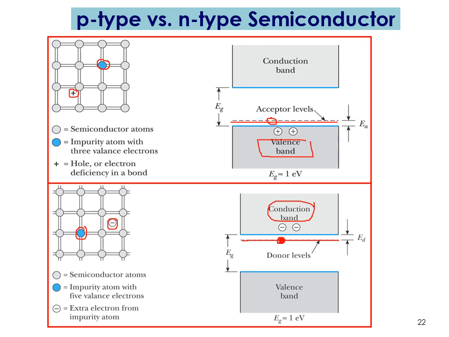So for P-type, the electron from the valence band will be excited to the acceptor level to fill the hole, while for N-type, the excess electron will be excited to the conduction band, hence creating the hole in here. So those are the few differences between P-type and N-type semiconductor.